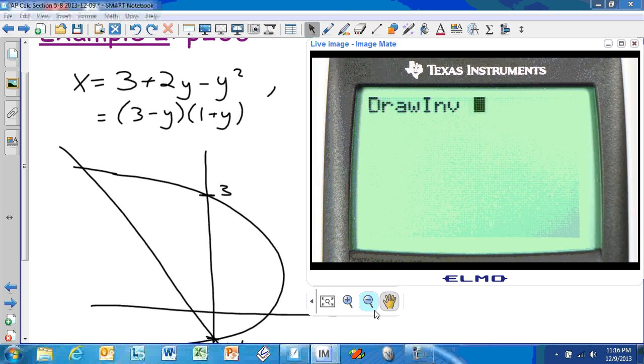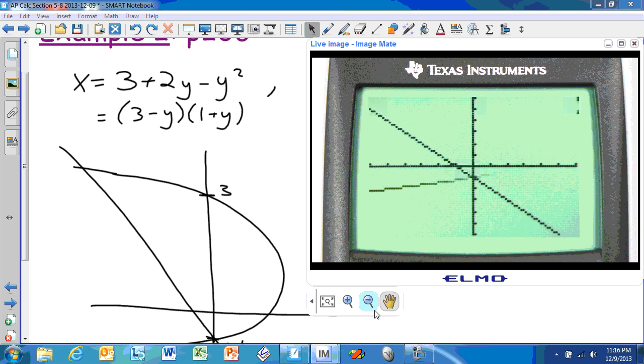So if I put in 3 plus 2x, again swapping the x's and the y's here, minus x squared, and tell it to draw the inverse of that, that'll give me the graph that I'm looking for. Just press enter. There we go. There's that sketch.